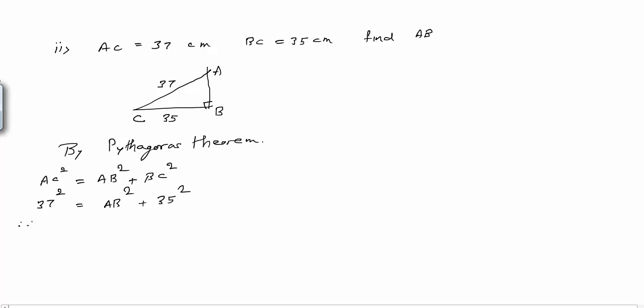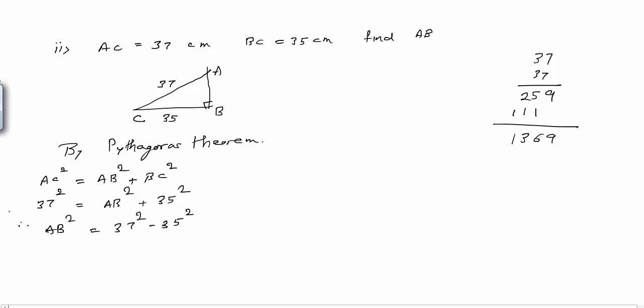So therefore this AB square is 37 square minus 35 square. Now square of 37, so on a rough sheet I will find 37 into 37. 7 7s are 49, 4, 7 3s are 21, 21 plus 4 is 25, 3 7s are 21, 3 3s are 9, 9 plus 2 is 11, 1369.